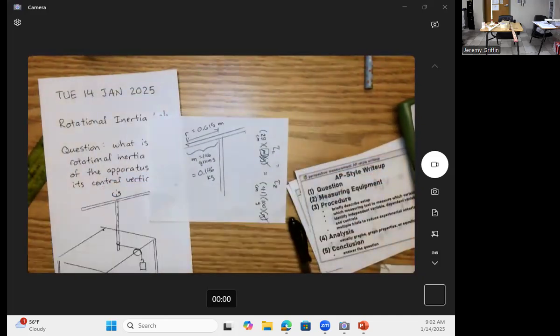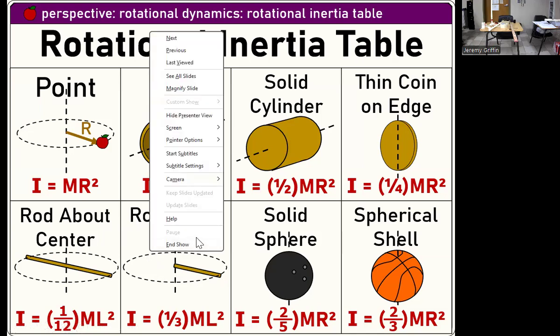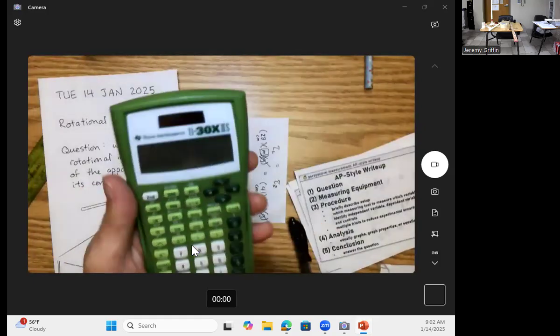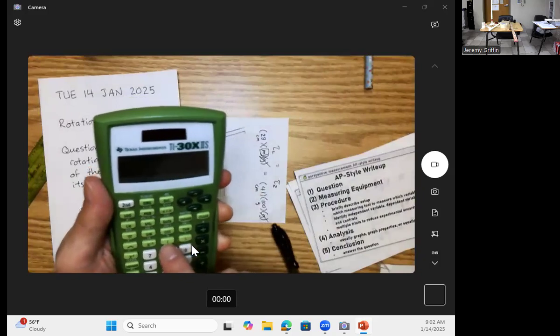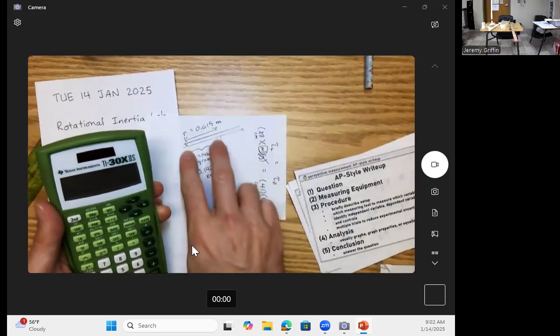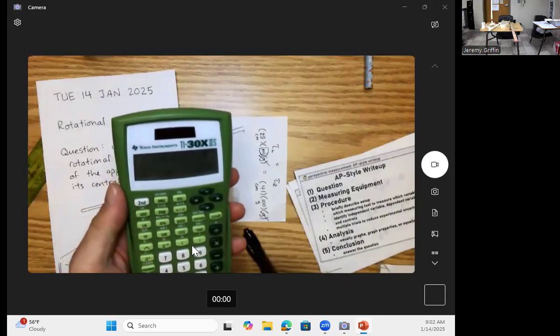So I got this mass, this radial size. Now, if I go back to this right here, that's one of these arms. You guys see 1/3 ml squared? All right, let's try that. So I do 1/3 times the mass of 0.146 kilograms times this length, 0.615 meters, squared. 1/3 ml squared.